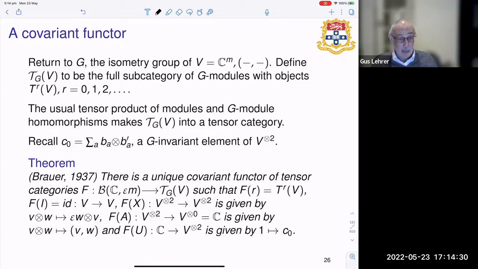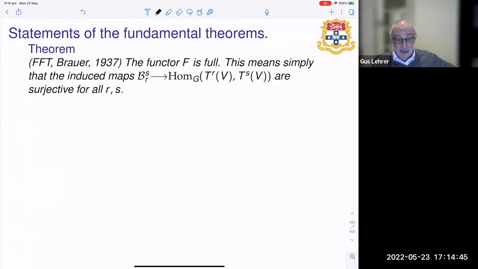Brauer actually proved in his 1937 paper, which really didn't attract much attention for about 25 years, that this was a functor. And he furthermore proves that this functor is full. So the functor induces surjections on the Hom spaces.